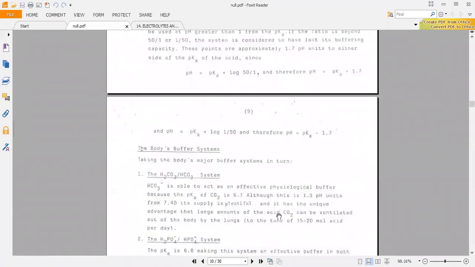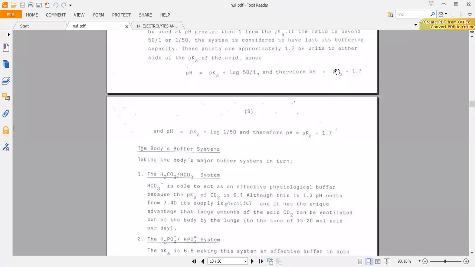So what I'm trying to say is, let me give you an example. If I want to maintain human blood at a pH of 7.4, the substance I'm going to use as a buffer should have a pKa also of 7.4, and that would be the best buffer. So the best buffer is the buffer in which the pH is equal to the pKa.